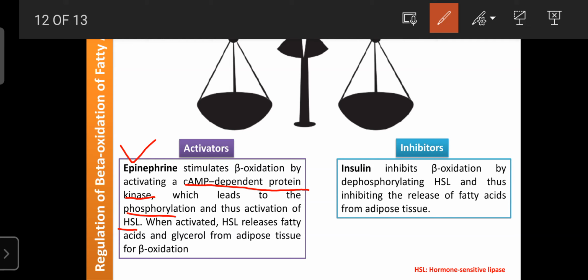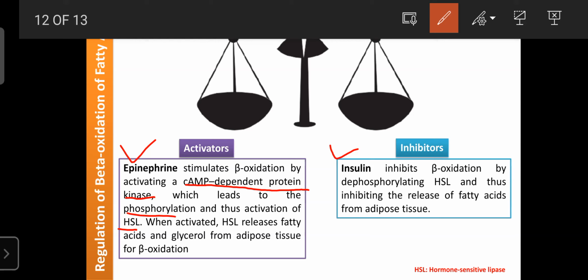And hormones like insulin, as we already know, insulin is a pancreatic hormone secreted from the beta cells. This insulin is always released when the sugar level is high in the blood. When your sugar level is more than normal in the blood, only at that time is insulin released from the beta cells of the pancreatic gland.